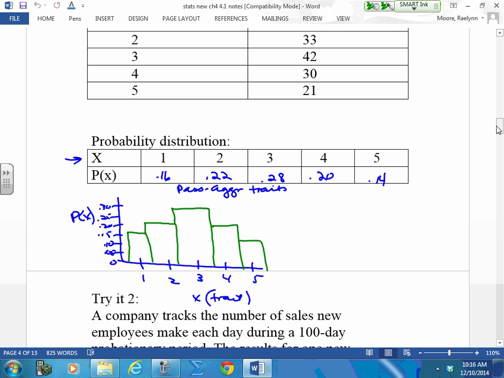It's fairly symmetrical, isn't it? So what would you say the mean is of this graph by looking at it? Mean, middle, mode, median? 3. So what does that mean in terms of their traits? Most people are neutral.